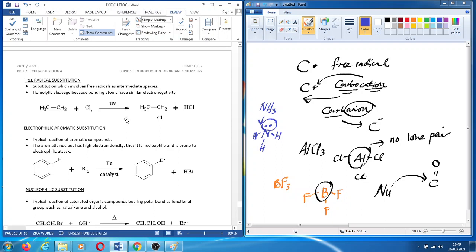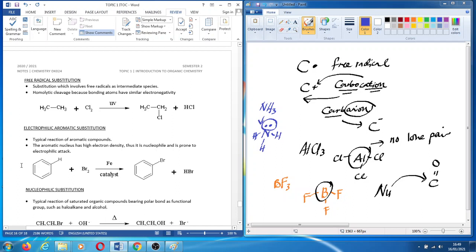And then the second one is electrophilic aromatic substitution. This type of reaction occurs to your aromatic compound. The aromatic nucleus has high electron density, thus it is a nucleophile.